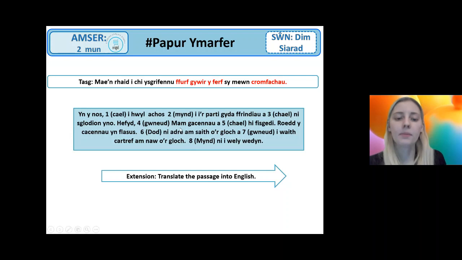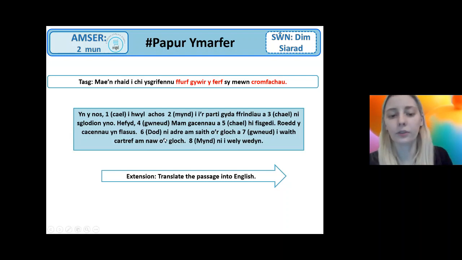Gwneud a mam, so you have to change that to mam made. Cael hi, which is she had. Again, that's a treiglad llaes, it needs aspirate mutation. Dod ni, we need to change that to we came.